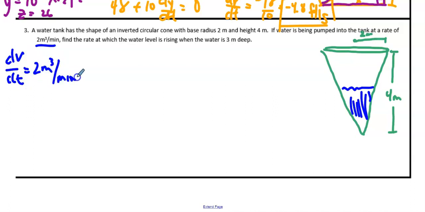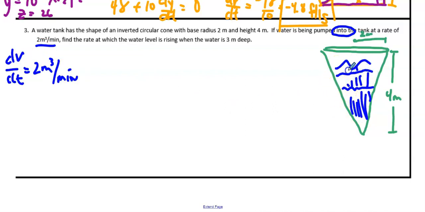We also know that this is positive because it's being pumped into the tank. If this said the water is being pumped out of the tank, then we would have to do a negative 2 here. They're not going to tell you it's negative, so just think about it for a second: if water is being pumped into this tank, then the volume of water is increasing as I go through more time, right?